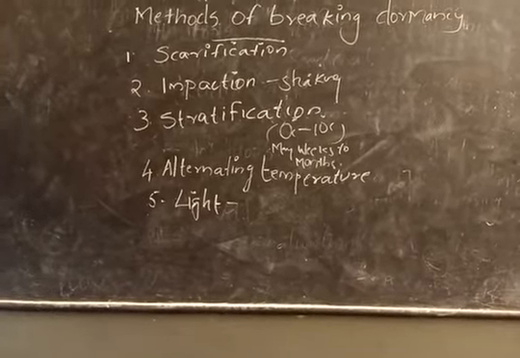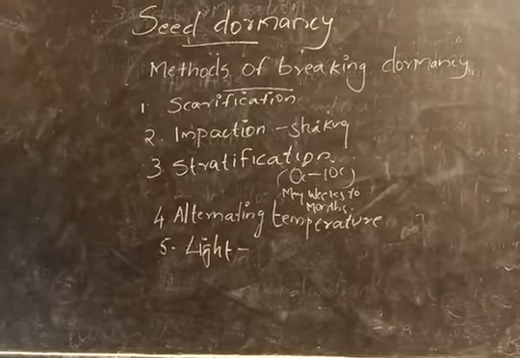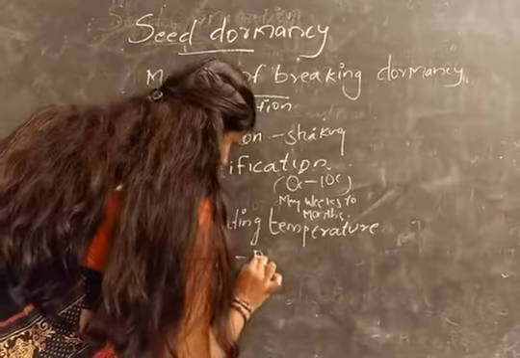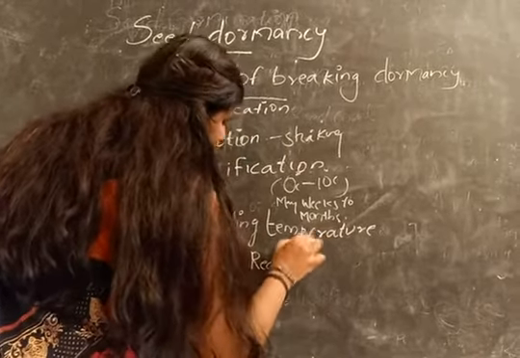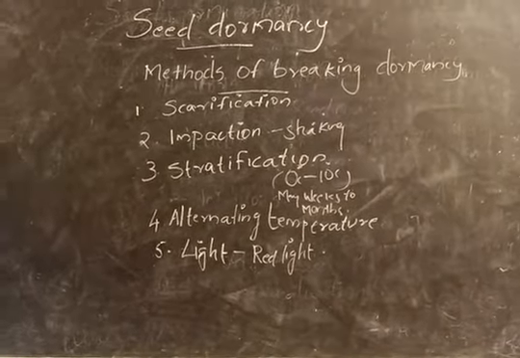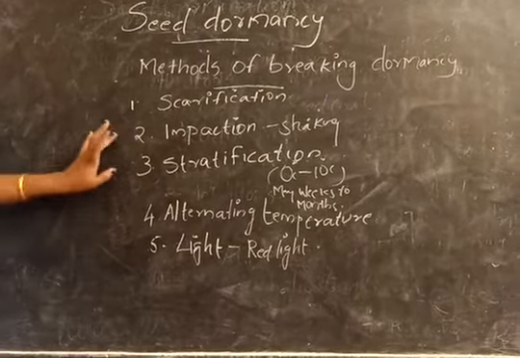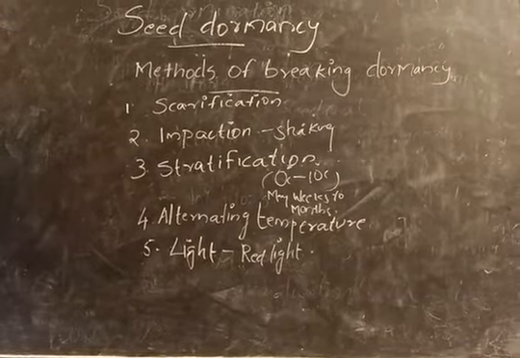Exposing them to red light breaks the dormancy and induces seed germination. So these are the methods of breaking seed dormancy: scarification, impaction, stratification, alternating temperature and light.